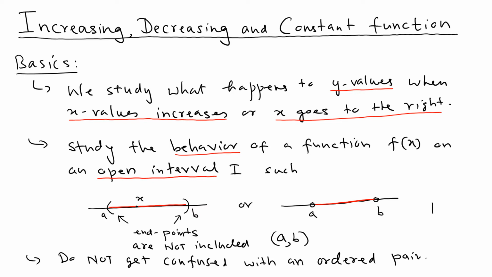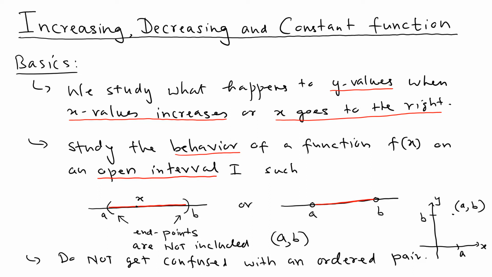For example, if you have a point with x coordinate a and y coordinate b, we write this as (a, b). You can see that's the exact same notation, but that's not what it means right now. It has nothing to do with an ordered pair.